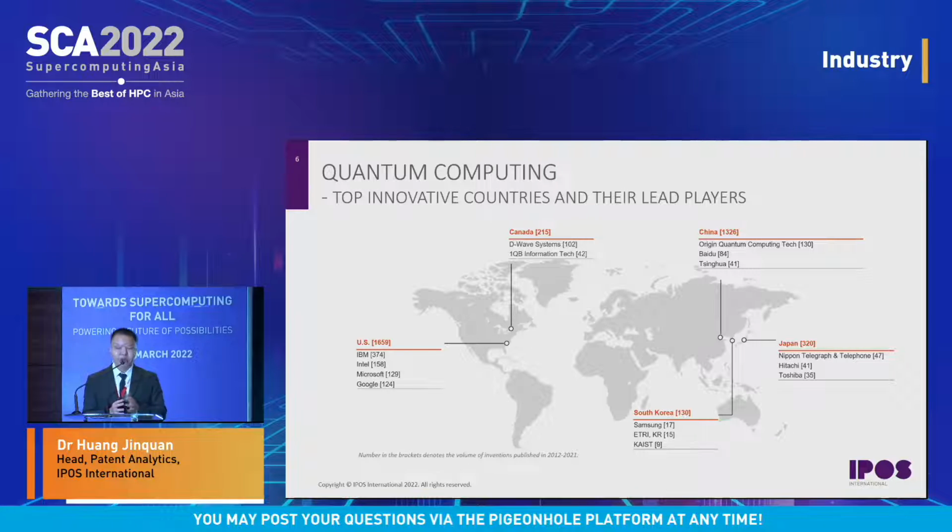The top player, IBM, for example, has close to 400 inventions, whereas other strong players like Intel, Microsoft, Google, all have large portfolios of over 100 inventions. Google in 2019 has in fact claimed to have achieved quantum supremacy.